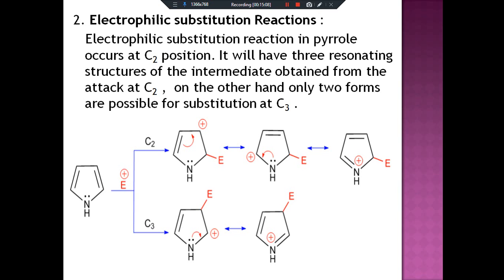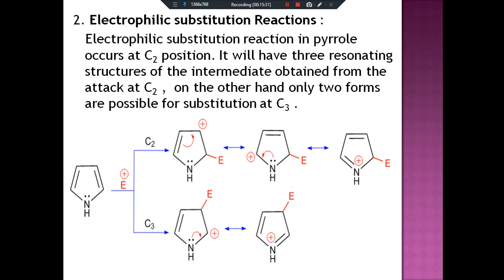That is why it undergoes substitution reactions, and that too electrophilic substitution. Why? Because the pyrrole molecule contains electron density above and below the plane of the ring, so it undergoes electrophilic substitution reactions.